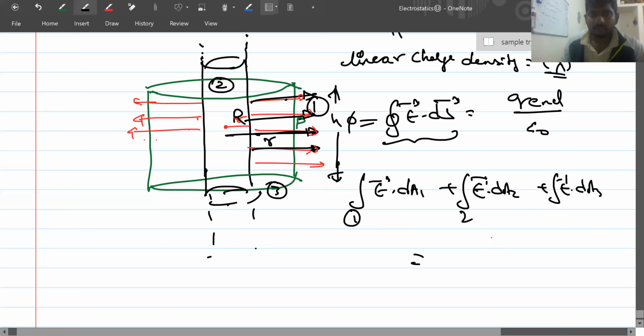How much charge is enclosed here? If the linear charge density is lambda, the charge enclosed is lambda into h. Per unit length it is lambda, so for h length of the cylindrical wire it is lambda h, divided by epsilon naught.